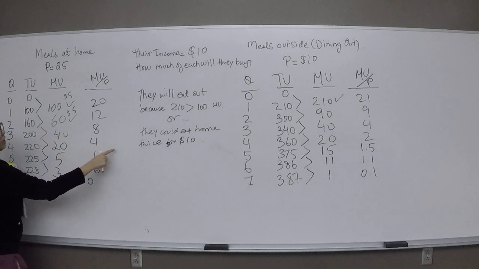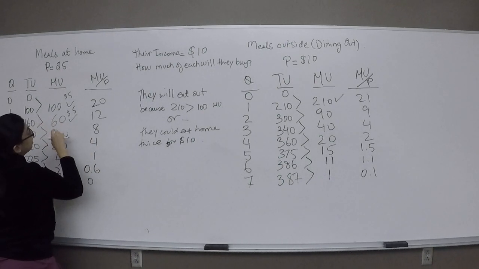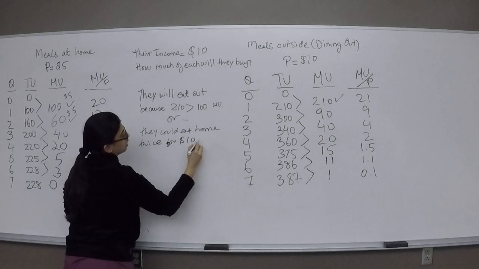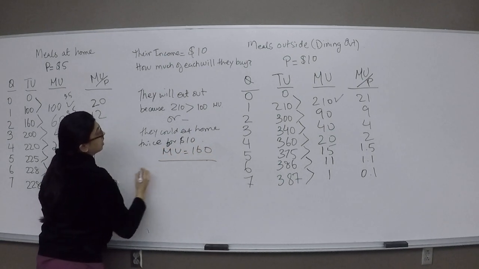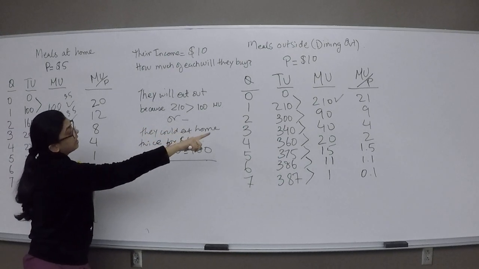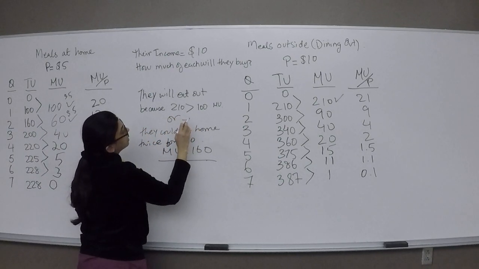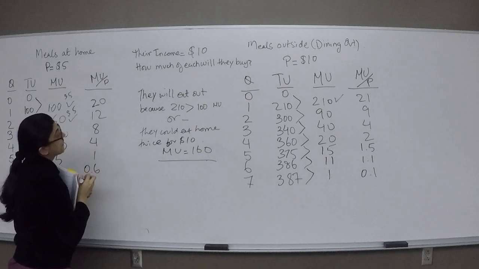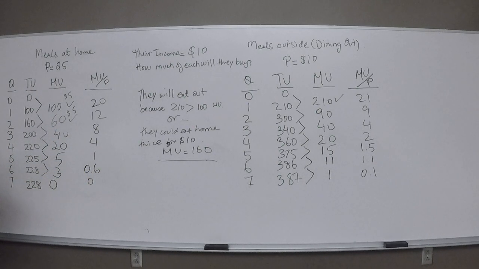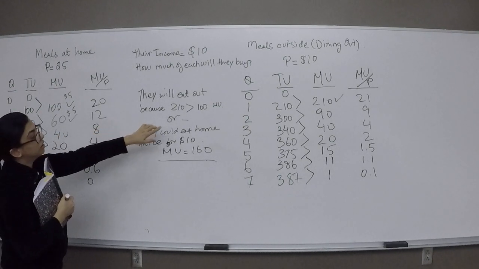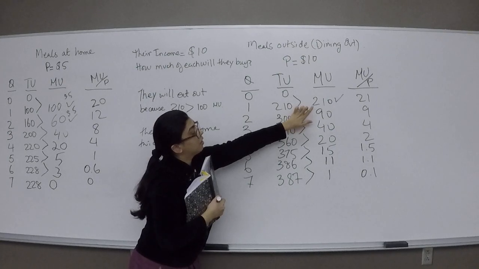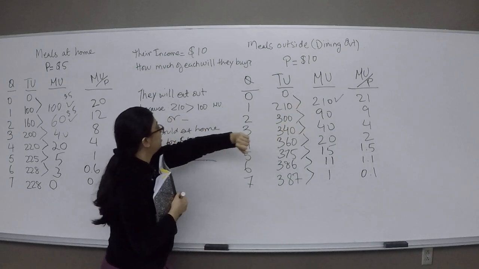The total marginal utility for eating at home is $160. The marginal utility of eating out is $210. So the first meal they get outside gives them satisfaction of $210.